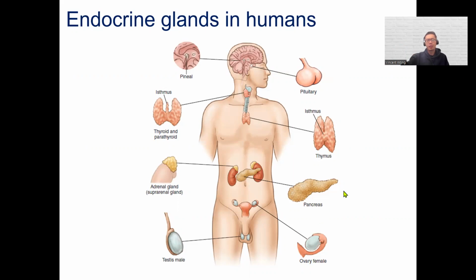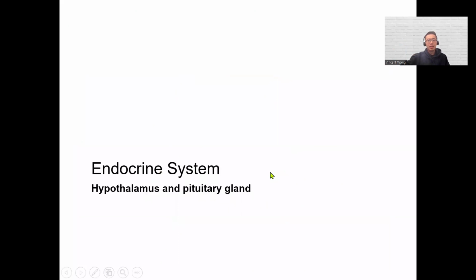We'll label it later on the study guide. But like I said, most of these we have seen here and there throughout the lecture. We will begin from head all the way down to the bottom later on, but let's start with the hypothalamus and the pituitary gland.